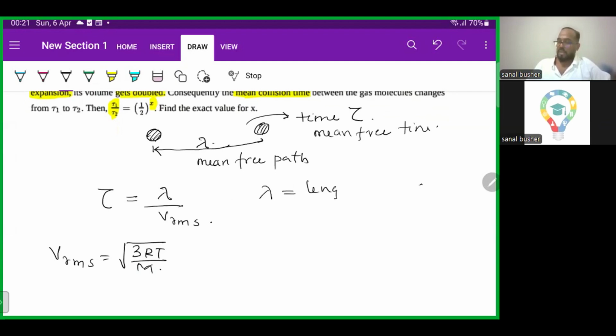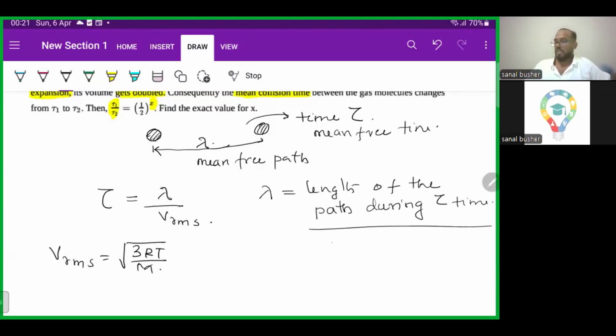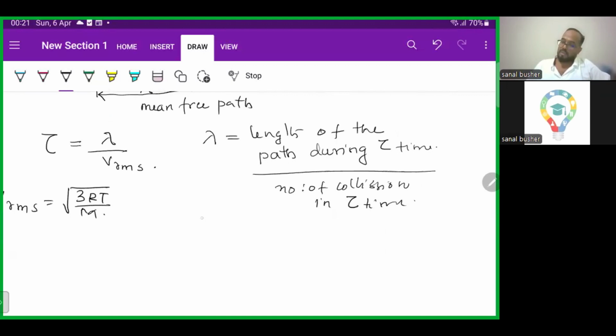The length of the path during tau time, so that length you have to calculate and divide by the number of collisions in tau time. So this derivation is there. If you want the derivation, you can comment below, and I can make a video on that also.